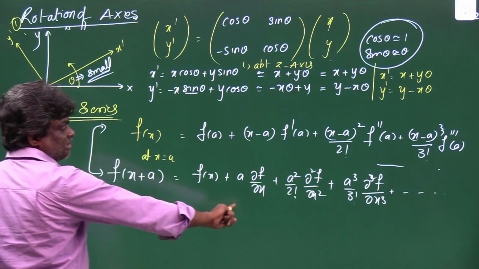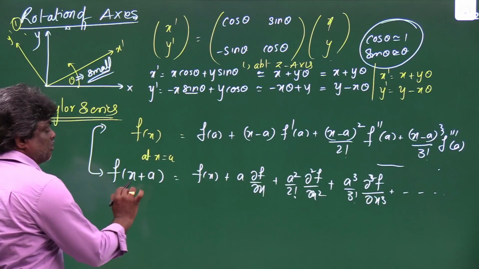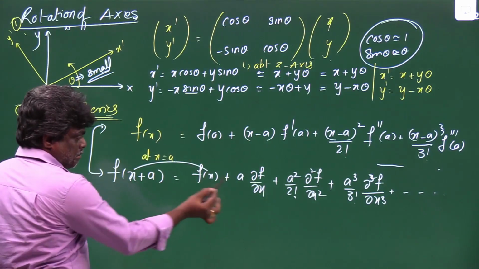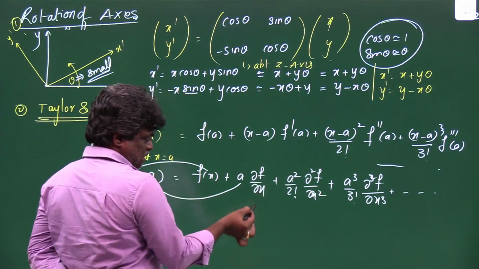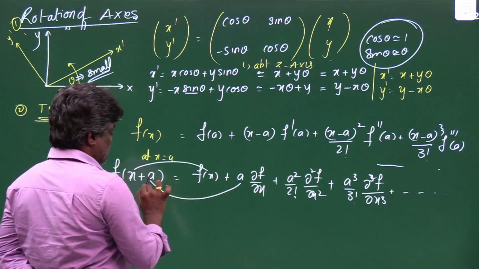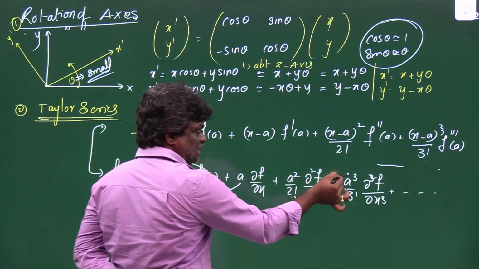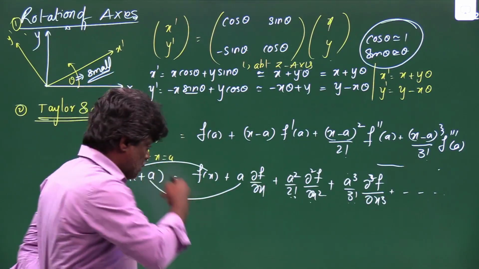Right. So now observe, sir, f of x plus a equals f of x plus a dou f by dou x plus second order by 2 factorial second order derivative, third order by 3 factorial third order derivative. Am I right? Yes, sir.